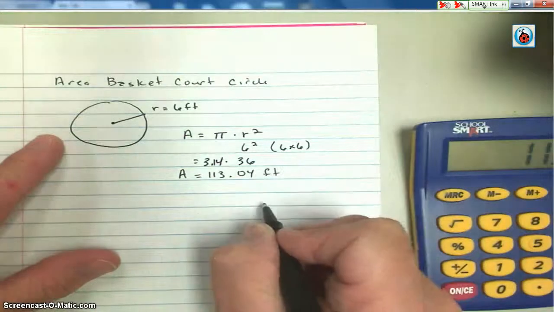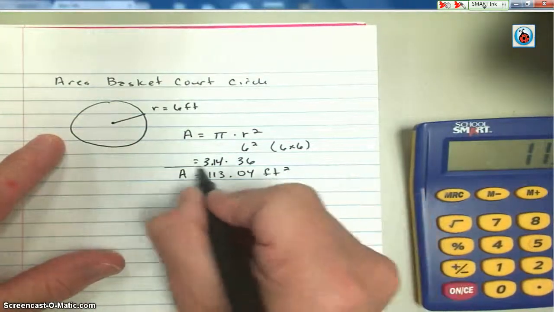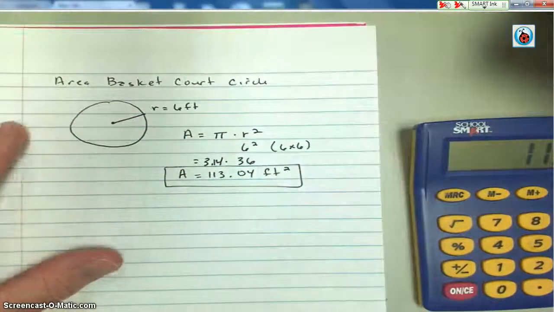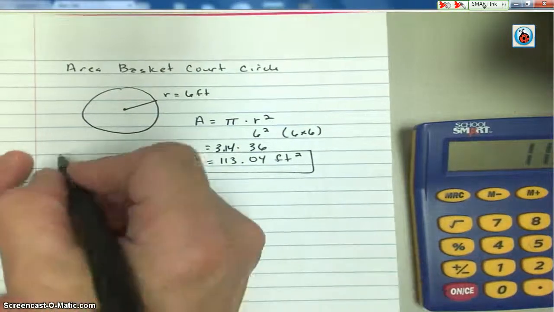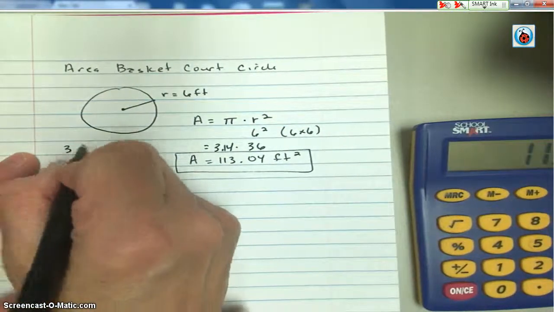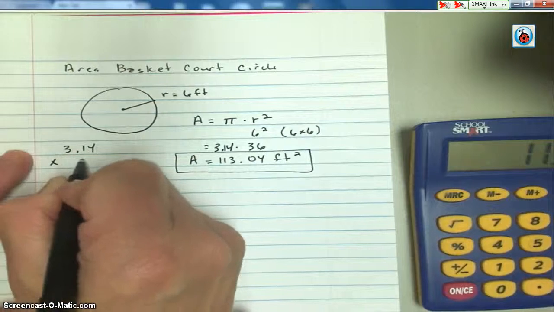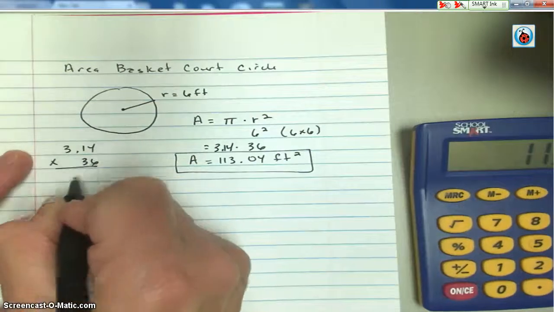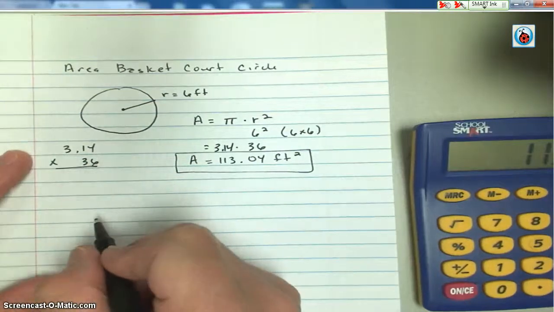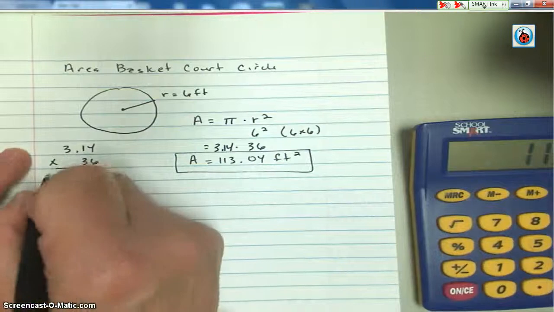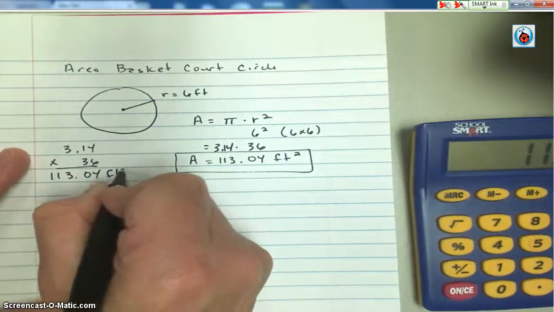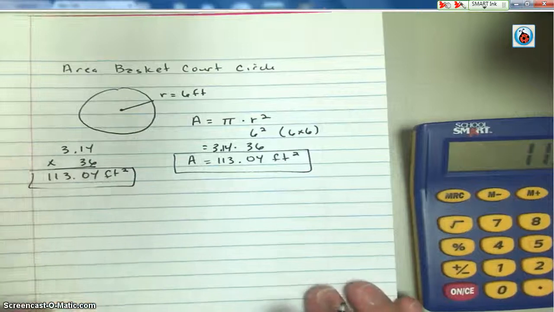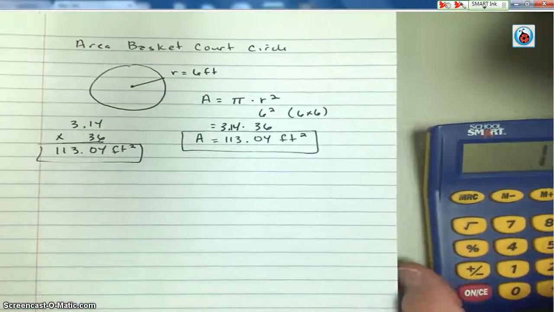Because we're figuring out area, we want to label it squared, and we box that in, keeping it separate from all of our work. Again, you could have calculated this with paper and pencil as well. 3.14 times 36, and of course you would have gotten the same answer of 113.04 feet squared.